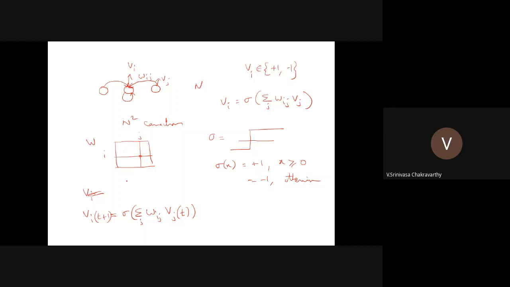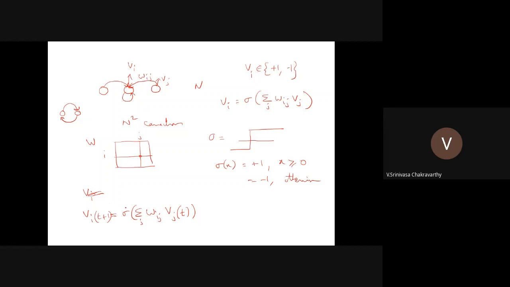That's the only way you can interpret this, because the moment you have a loop where x influences y and y influences x, to make the calculation possible you need to bring in time. Which comes first, which comes later? You can only represent this as a recursive process evolving through time. So the expression on the right side is calculated at time t, and that gives you the state of the ith neuron at time t+1.